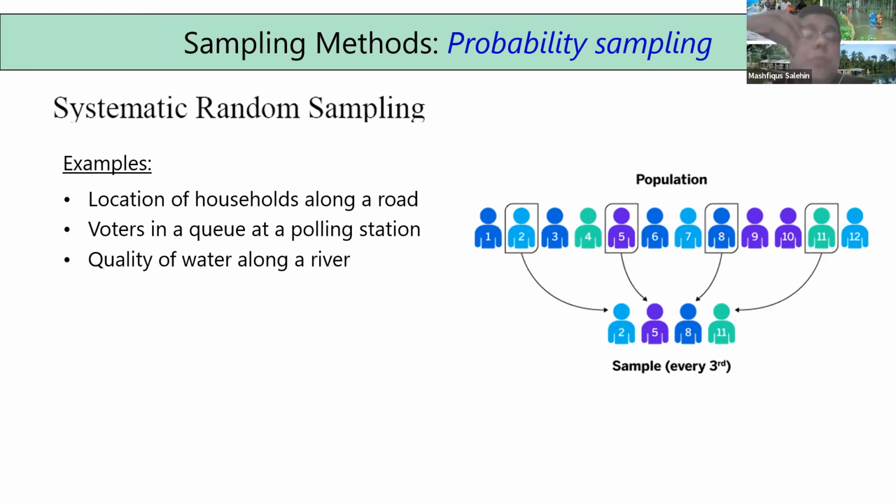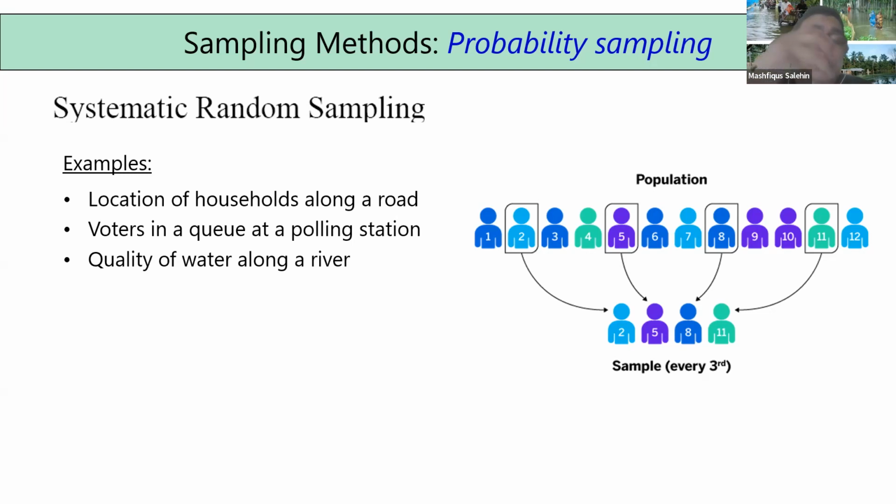You can start with the third, fourth or fifth household from the starting point, and then sample every fifth or 10th or 15th household, at a regular sampling interval. Or you can do the same among voters who are in a queue at a polling station. It depends on your research question.